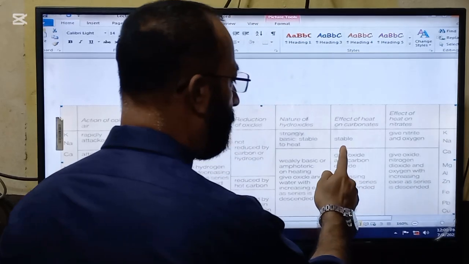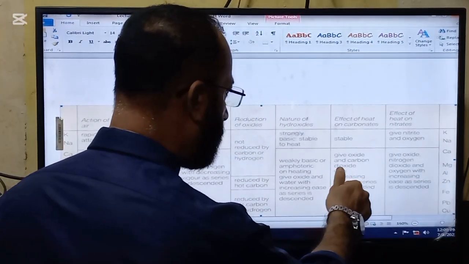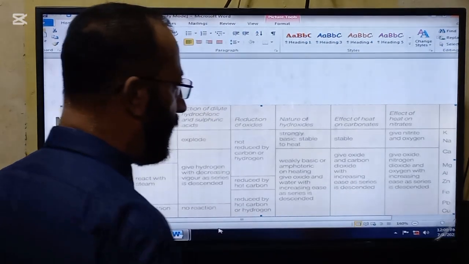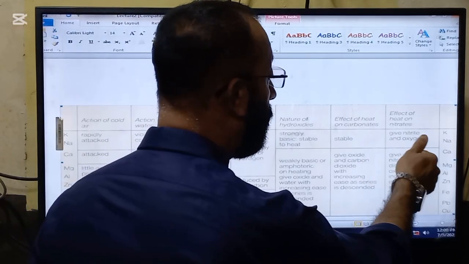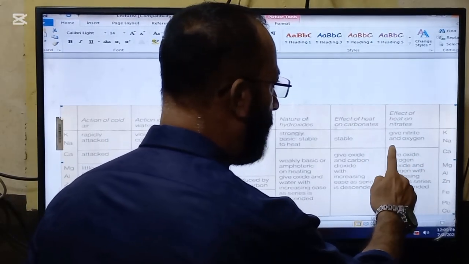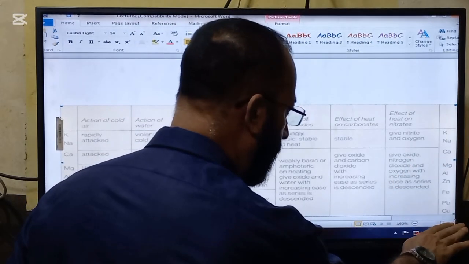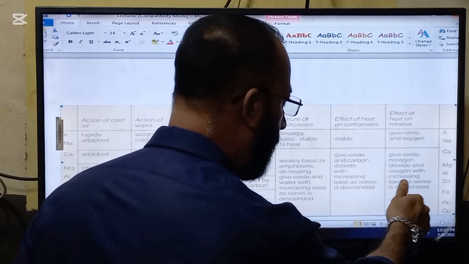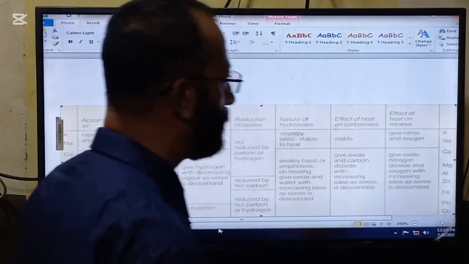Potassium and sodium are very stable, and all the other metals give oxide and carbon dioxide with increasing ease as the series is descended. And finally, the effect of heat on nitrates. Potassium and sodium give nitrites and oxygen. And all the other metals give oxide, nitrogen dioxide, and oxygen with increasing ease as the series is descended.